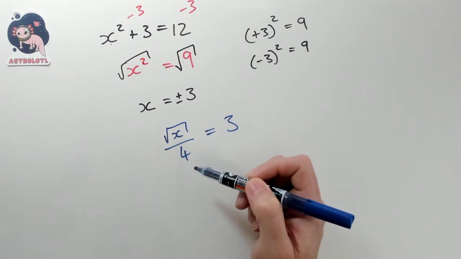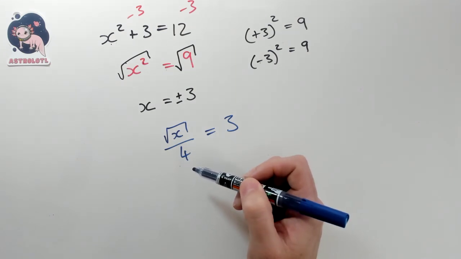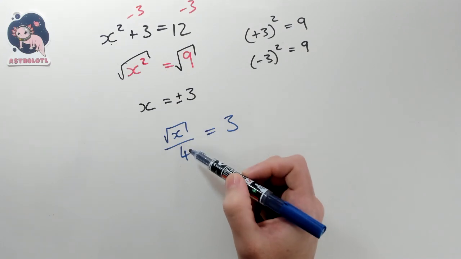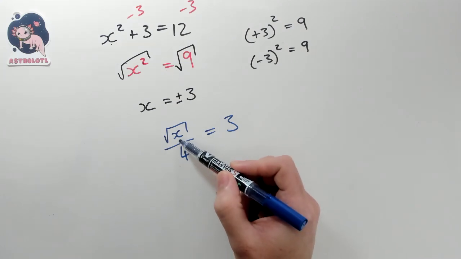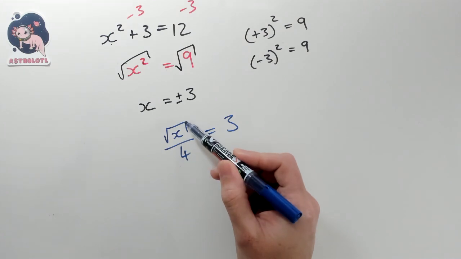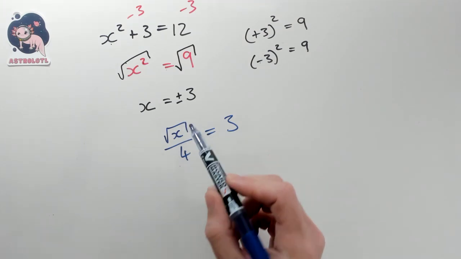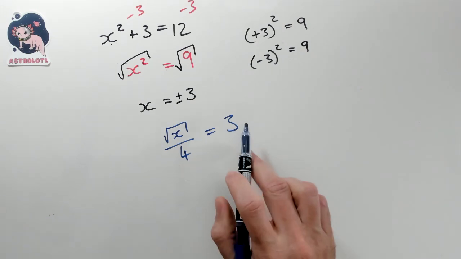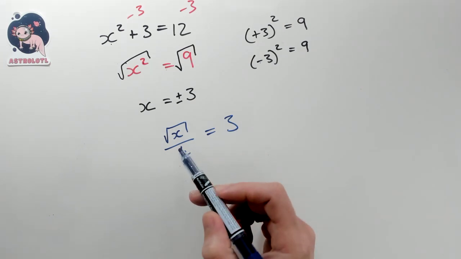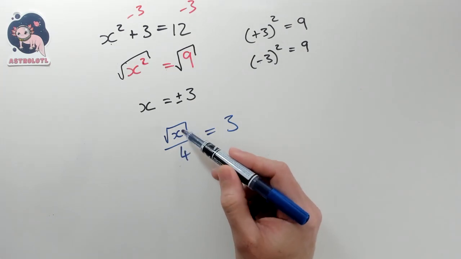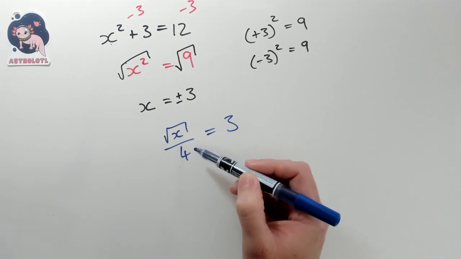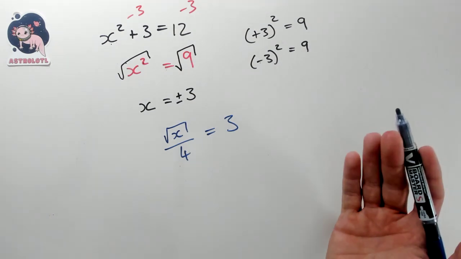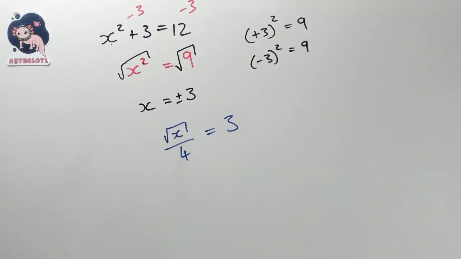And if I told you x was 16, then the first thing you would do is take the square root of 16, which is 4, and then after that you would divide by 4. Obviously that would just be 1 and not 3, but the point is, you would first do this and then do that. And because we're doing the opposite, we have to go the opposite process.